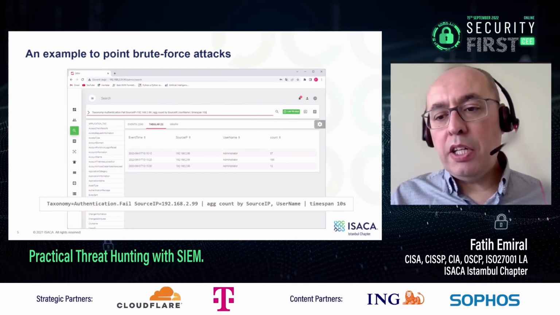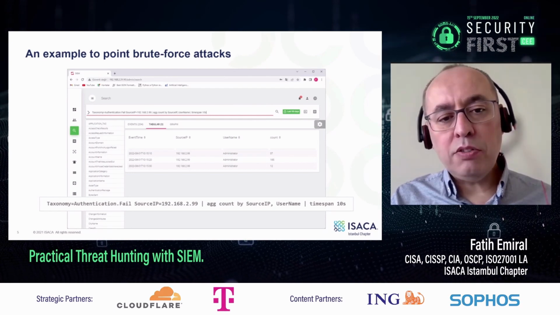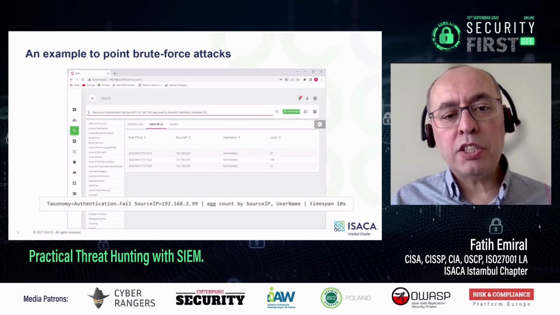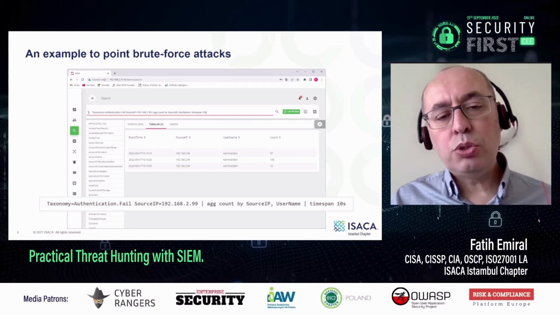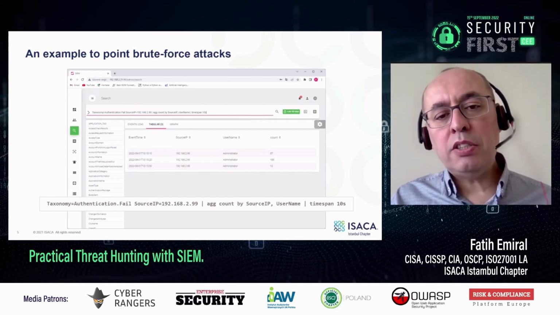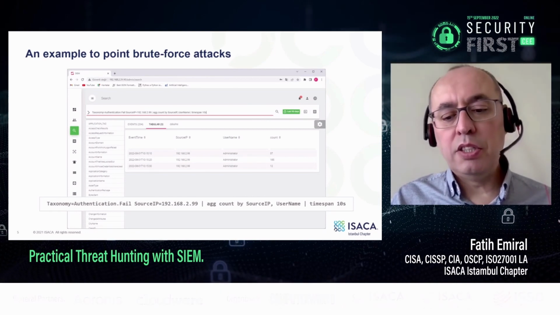And I'm limiting the time spans to 10 seconds and see that a large number of malicious activities happen in 30 seconds. So this is a real good indication that something bad is going on with this IP address.